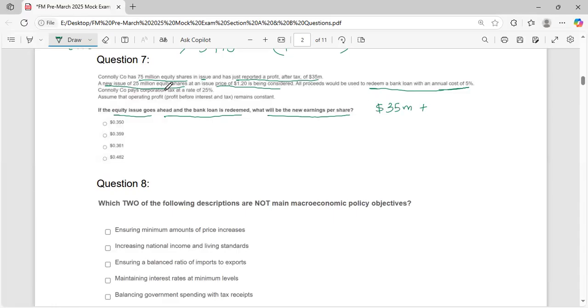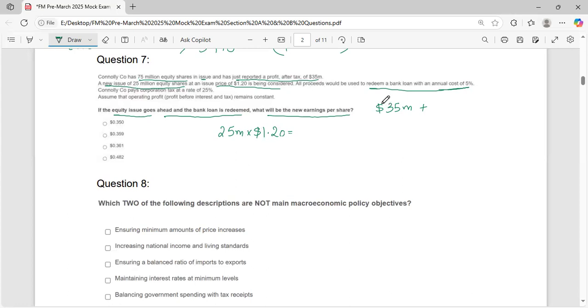Plus, we are going to issue 25 million shares at a price of 1.20. We have a tax rate of 25%, and the bank loan is at 5%. So we can calculate 25 million shares at 1.20, 25 multiplied by 1.2.